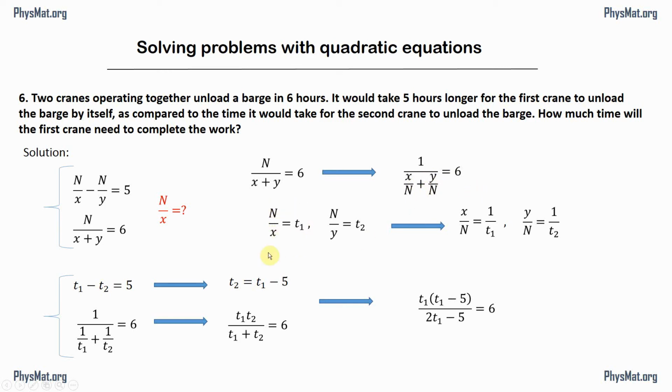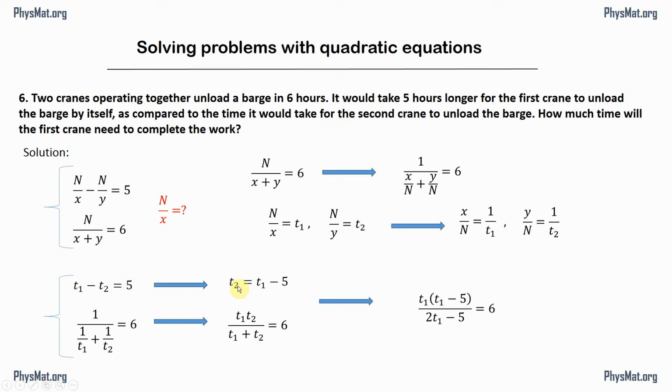And then if we come back to our original notations of t1 and t2, which are equal to n divided by x and n divided by y correspondingly, we can see that x divided by n is 1 over t1 and y divided by n is 1 over t2. So we can rewrite our system of equations as follows. t1 minus t2 is equal to 5, and 1 over t1 plus 1 over t2 is equal to 6.